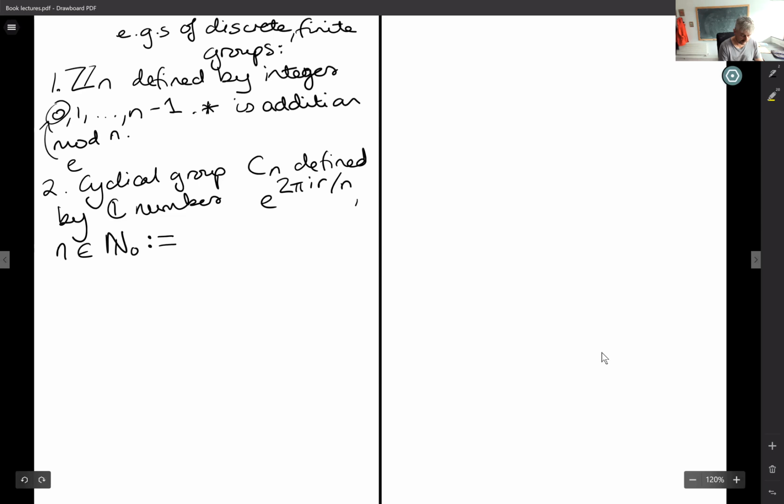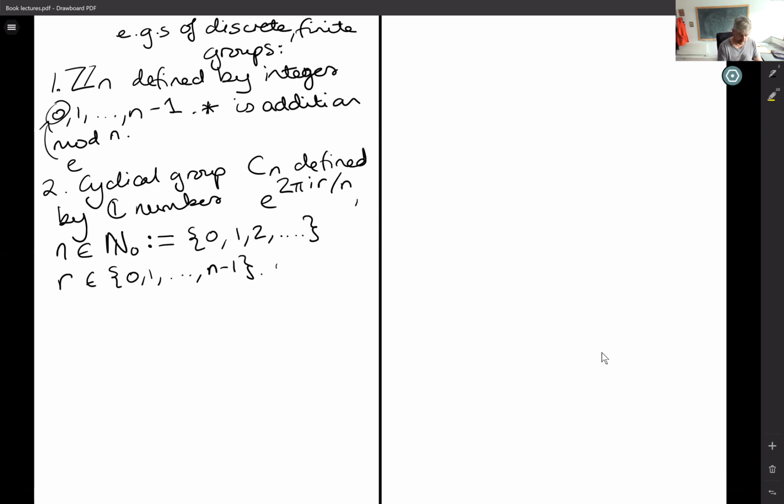So this is defined as 0, 1, 2, etc. Okay, so this colon equals is the way that I'm going to denote 'defined by'. And r here is in the set 0 up to n-1. And the group operation is multiplication.